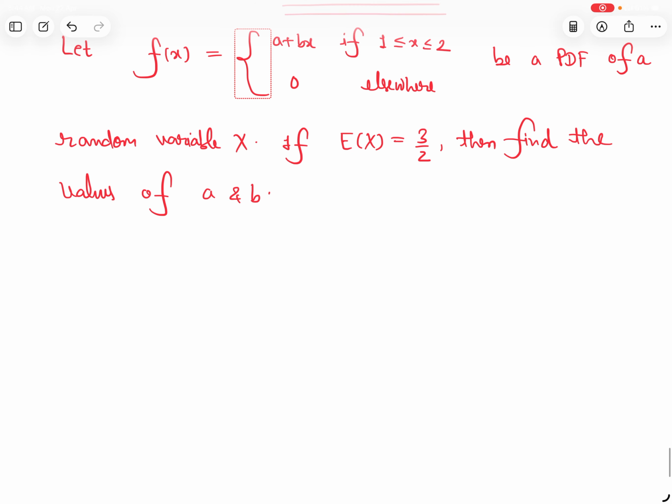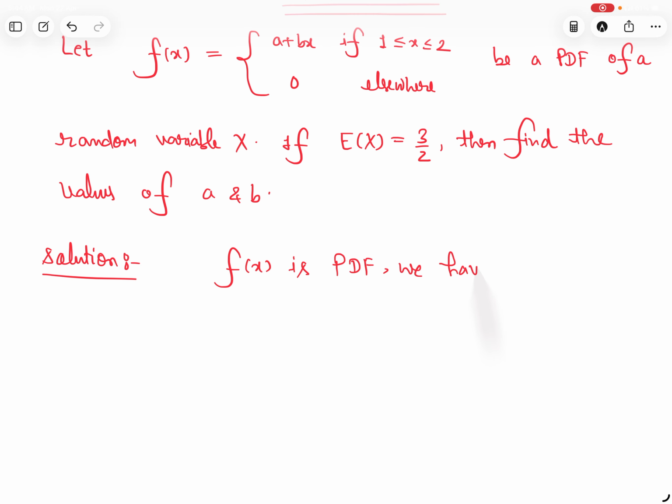So let's see its solution. First, f(x) is a PDF, so we have the integral from minus infinity to plus infinity of f(x) dx is equal to 1.